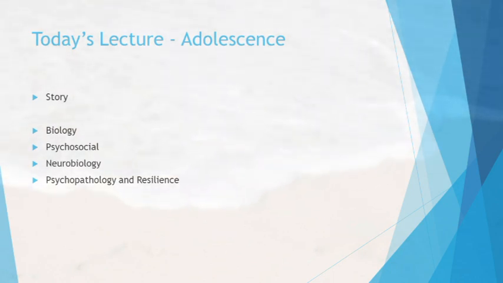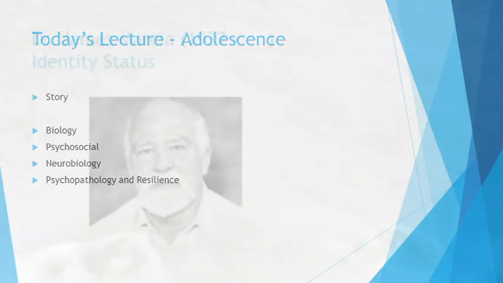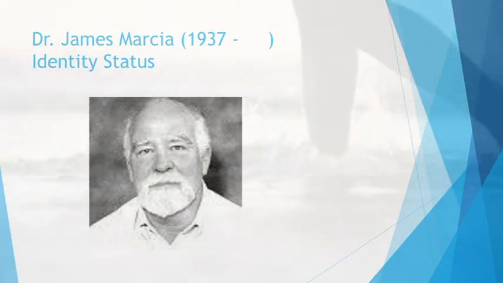And so we'll examine some common psychopathological issues that arise during adolescence, and we'll consider some risk factors as well as some protective factors that contribute to resilience and psychological well-being. By exploring the intersection between all of these, hopefully we'll have a better sense of how to help people as they navigate through this period of adolescence.